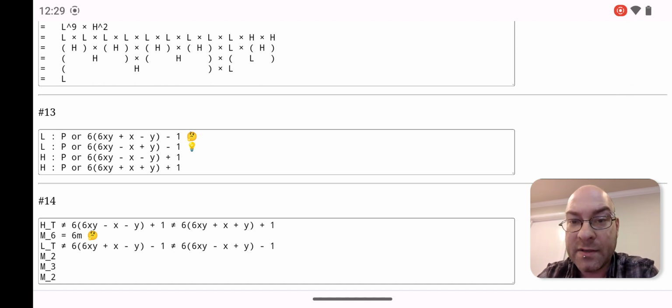And it cannot be the result of a 6 times 6xy plus x plus y, all of that plus 1. It can't be one of those forms in order for it to be prime. So that's important. Then we've got our multiple of 6, which is 6m. Okay. And then we've got the low twin prime.